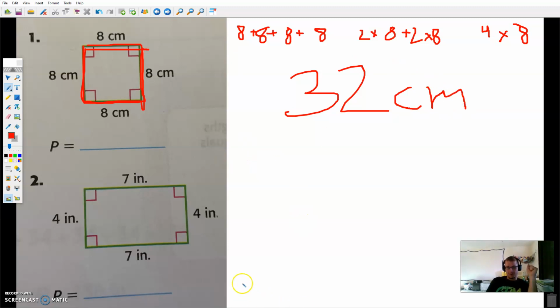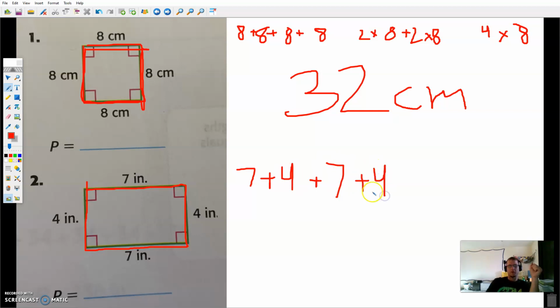Okay, one more example here of just a straight through, and then I've got a couple of twists I'm going to throw at you and we'll be done. Okay, 7 and 4. So we've got the same idea. We can just do 7 plus 4 plus 7 plus 4.